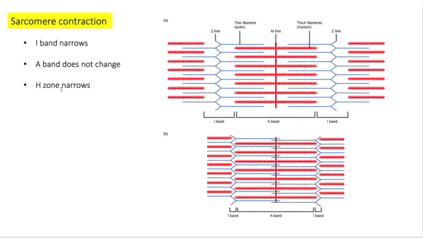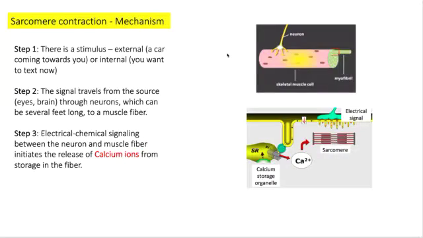And the H zone narrows, as you can see in this illustration. I've got some videos, one at the end of this lecture and also one posted on Canvas that you'll want to watch to better understand what's happening with all these features. So just a reminder, you need to know all the filaments, you need to know the bands and the zones, and you need to know what types of filaments are found in the different bands and zones.